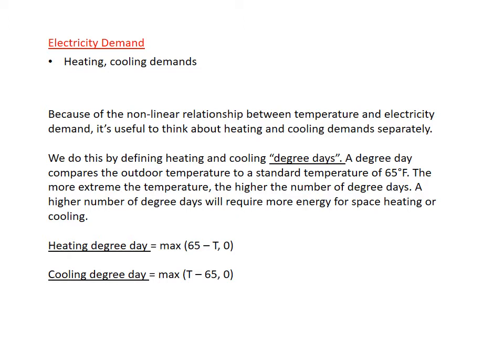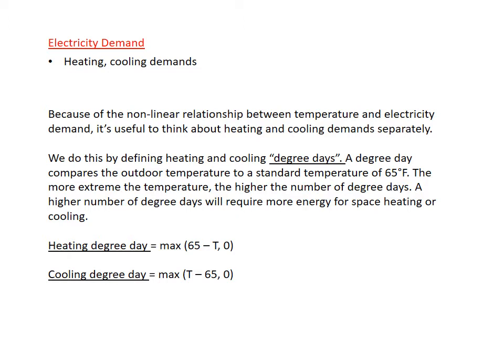A degree day is a comparison between the outdoor ambient temperature and a standard temperature of 65 degrees, with the assumption being that anytime it's 65 degrees, no one's using heating or cooling. The only way you generate a heating or cooling degree day is if you go above or below 65 degrees. And the further you go away from 65 degrees, the more degree days you create.